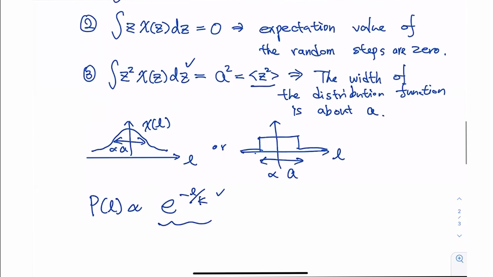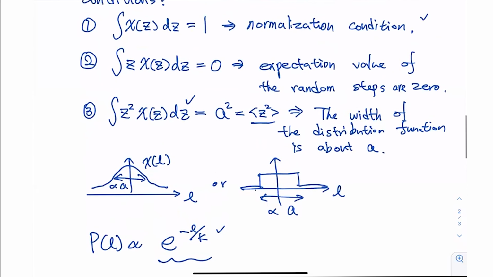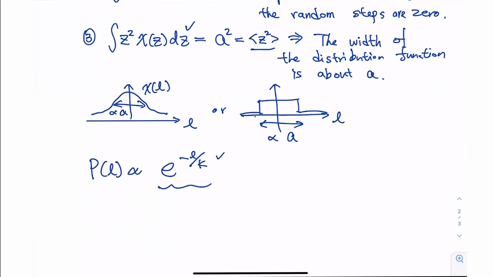We can think about it one step at a time. The first thing is that it needs to be normalizable. It means that integrating over the possible values of L, it needs to be 1. If I try to draw it, it will basically look like this.